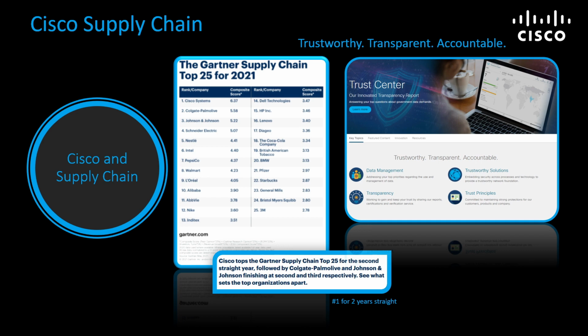And so this isn't something that was built overnight. This has been a long journey to get here. And so we've developed what we call trustworthy, transparent, and accountable. It's a part of our trust center. As a consumer of the technology, you can come here and learn anything you want about maybe a cloud technology that you want to deploy, and you want to know where the data is, what types of data, who has access to the environment, etc. That's all outlined here.